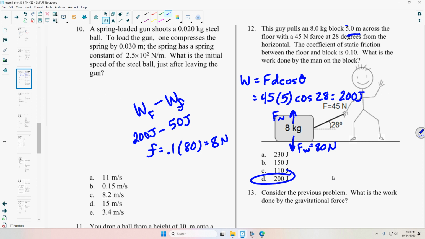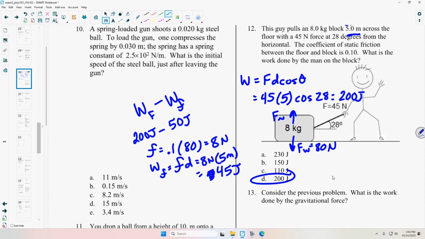That's the frictional force. The work done by the frictional force is the frictional force times the distance, which is 8 newtons times 5 meters, which is 40, not 45 or 50. 40 joules. Notice I didn't put in the cosine theta term there.